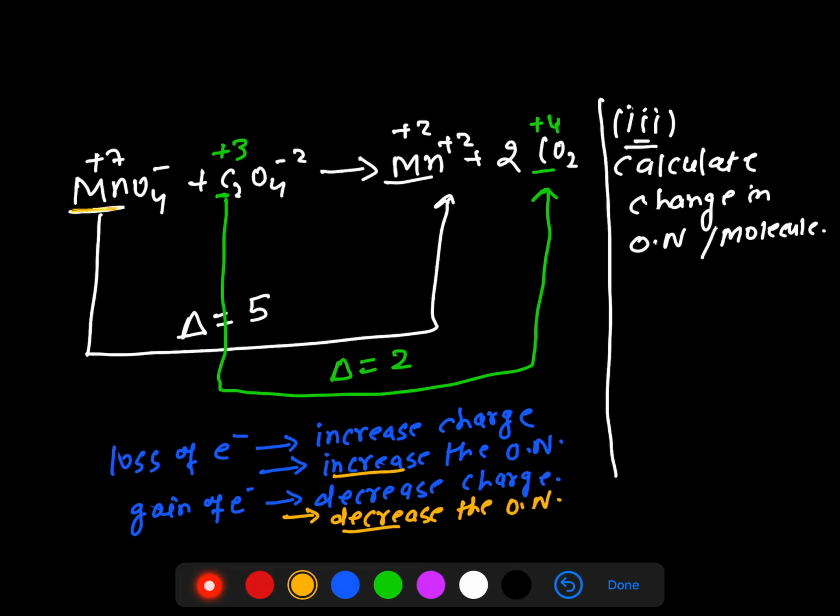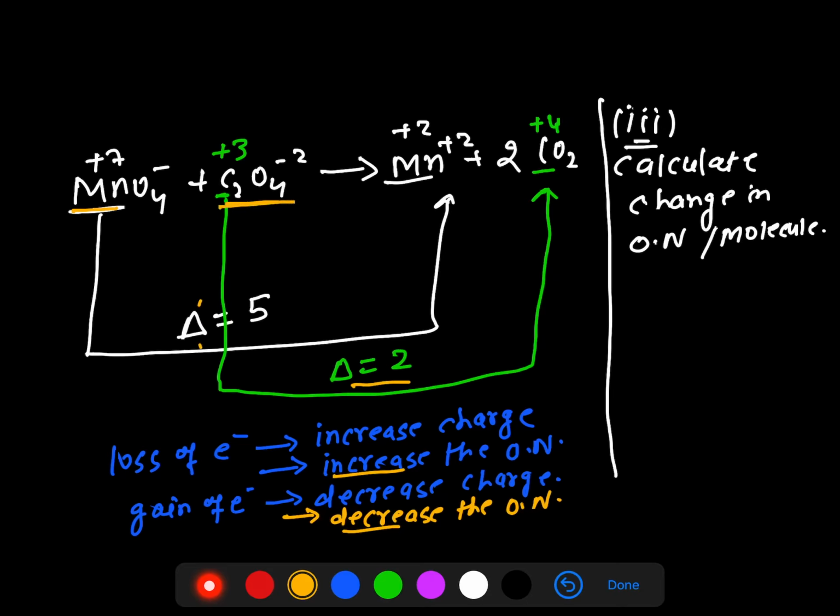So for example, the second case is the oxidation case. We see that carbon is undergoing oxidation over there. We don't say carbon is undergoing oxidation, we say C2O4 2 minus is undergoing oxidation, fine. But there carbon shows a change of 1 unit per atom, right? Per molecule the change is by 2 units. What does that mean? That there is an increment in the oxidation number by 2 units.